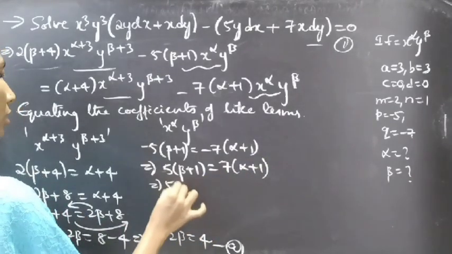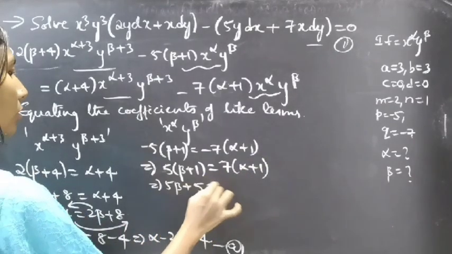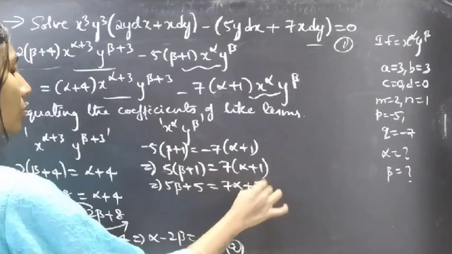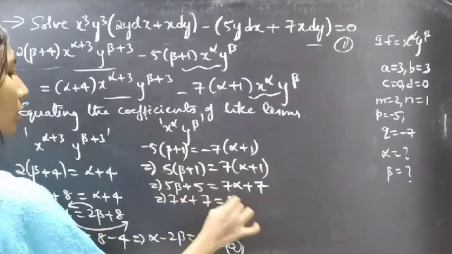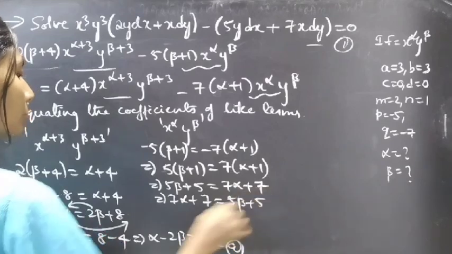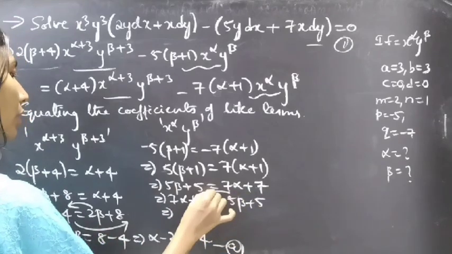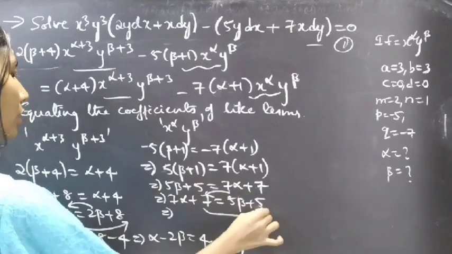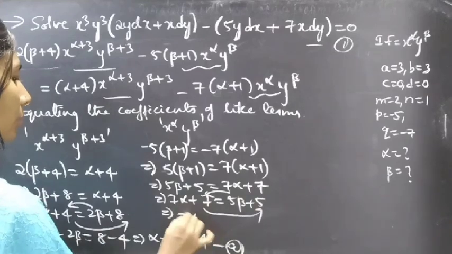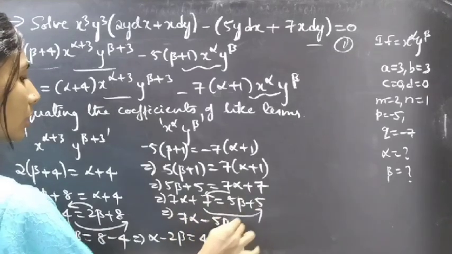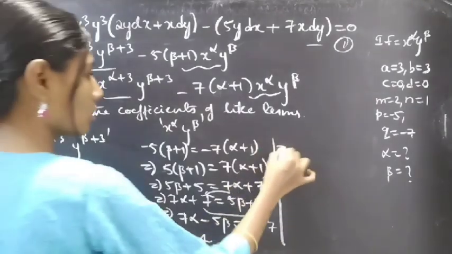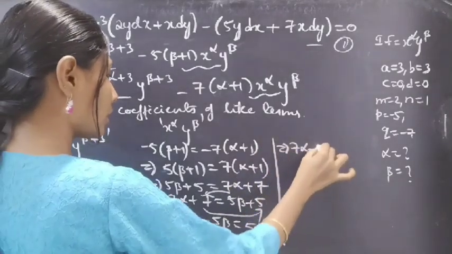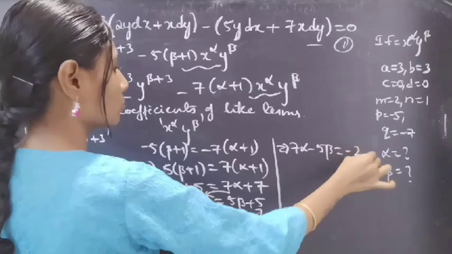You can write this as 5 beta plus 5 equal to 7 alpha plus 7. Now bring this 5 beta to LHS, take this 7 to RHS, then you'll get 7 alpha minus 5 beta equal to 5 minus 7, which gives us 7 alpha minus 5 beta equal to minus 2.